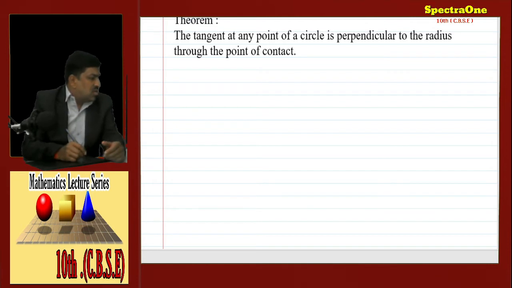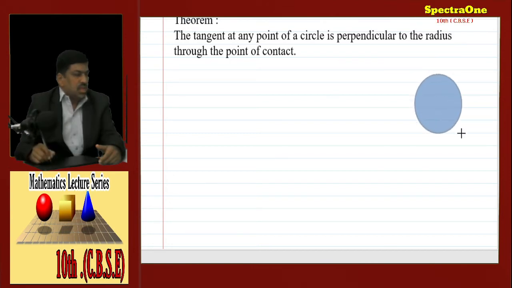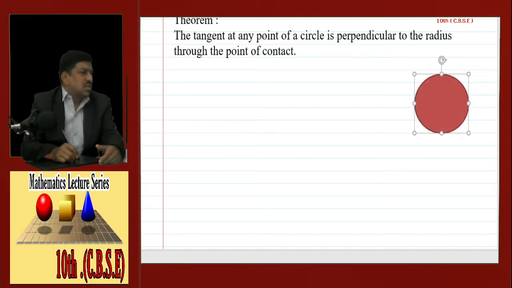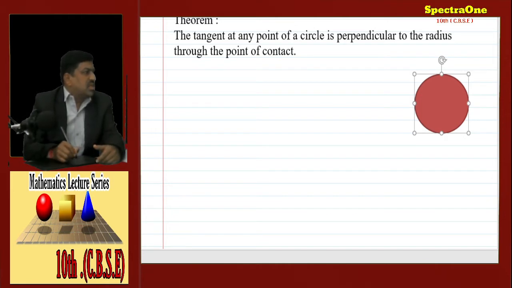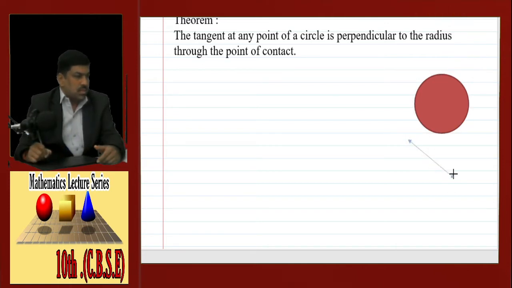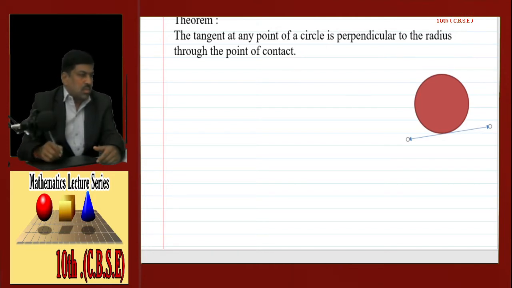So what is the given? Let us draw a circle. Okay, this is the circle. Let us draw a tangent. This is the tangent. Let us draw a radius.